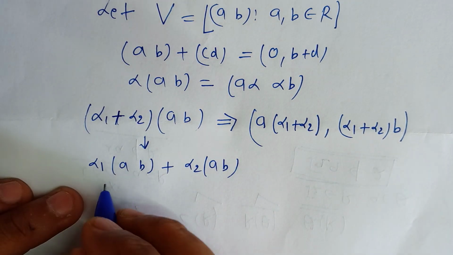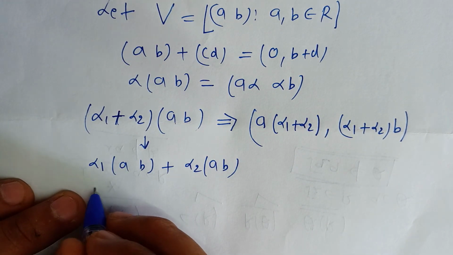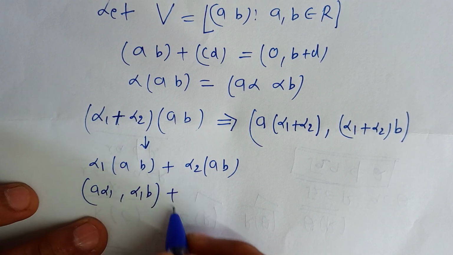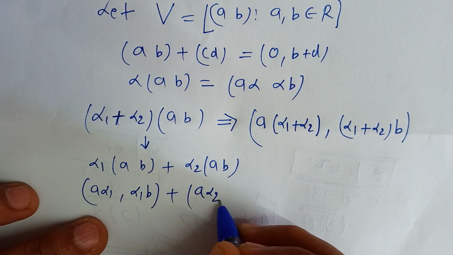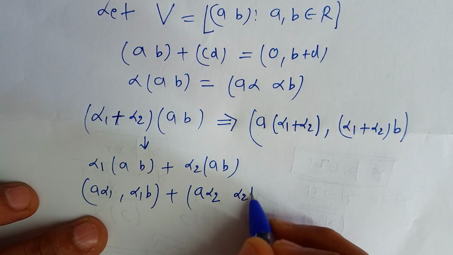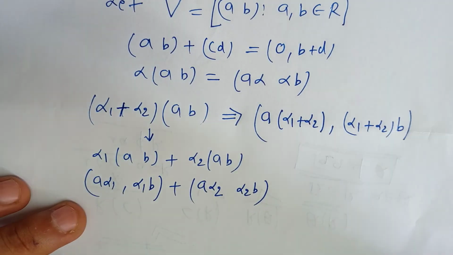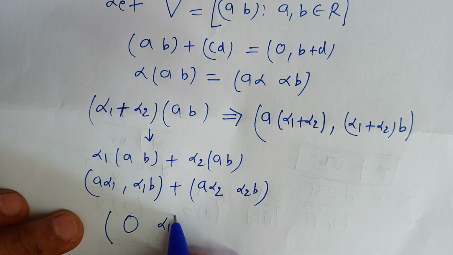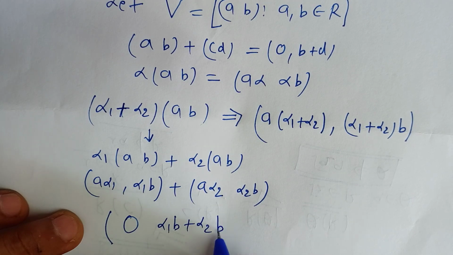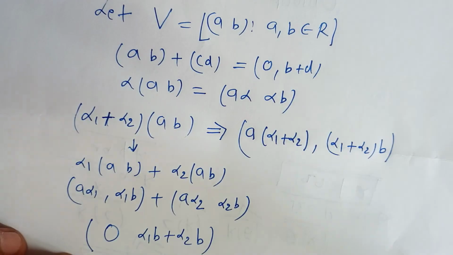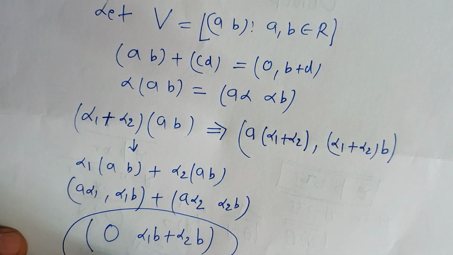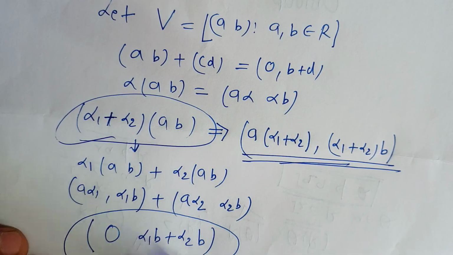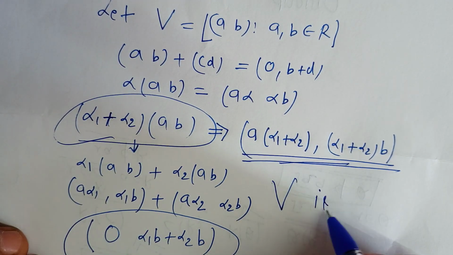If you apply the scalar multiplication rule, this is (a, alpha 1 b) plus (a, alpha 2 b), and if you add, what do we get? First 0, and then alpha 1 b plus alpha 2 b. So if you add, you get this, but this should be equal to the earlier one, right? Here this property does not satisfy, so V is not a vector space.